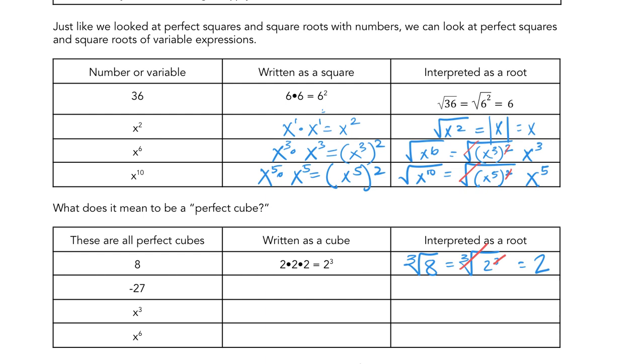But if you think about this, I'm multiplying some number 3 times together to get a perfect cube to be negative 27. Well, we know positive 27 is 3 times 3 times 3, but I need my answer to be negative, which means negative 3 times negative 3 times negative 3.